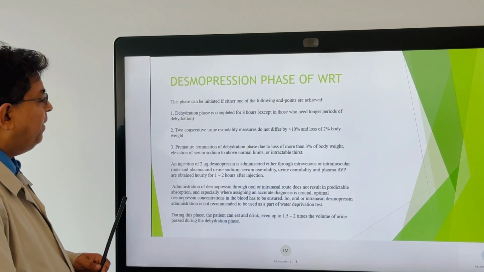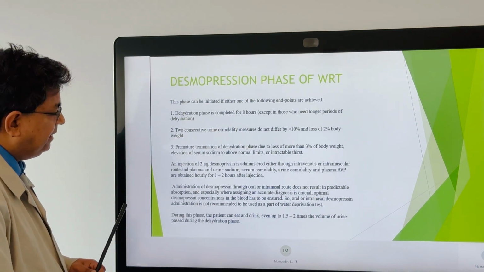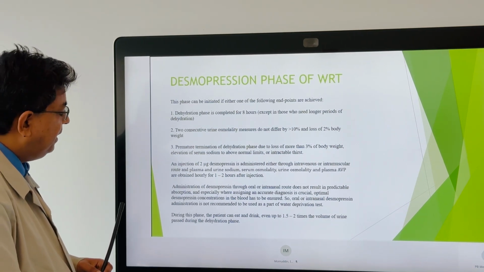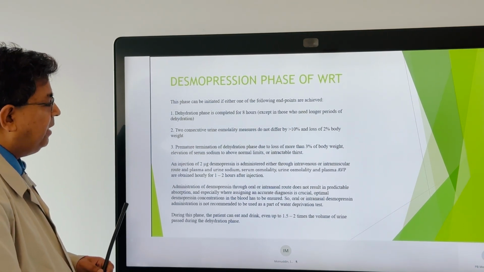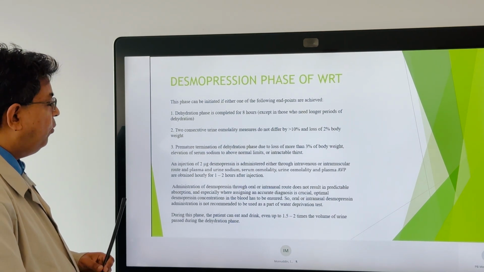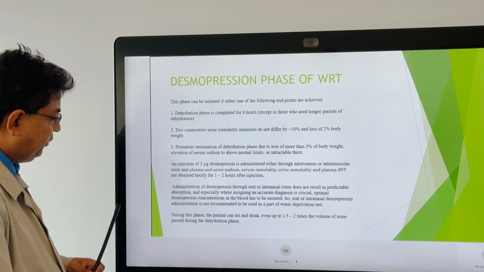An injection of 2 micrograms of desmopressin is administered either through the intravenous or intramuscular route, and plasma and urine sodium, serum osmolality, urine osmolality, and plasma AVP are obtained hourly for 1 to 2 hours after injection.